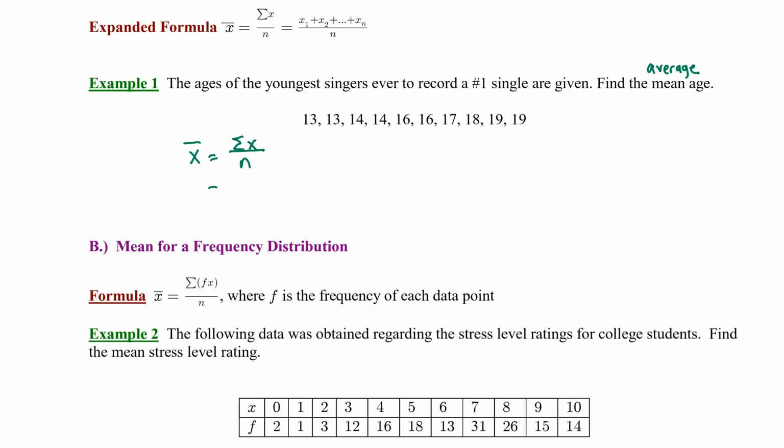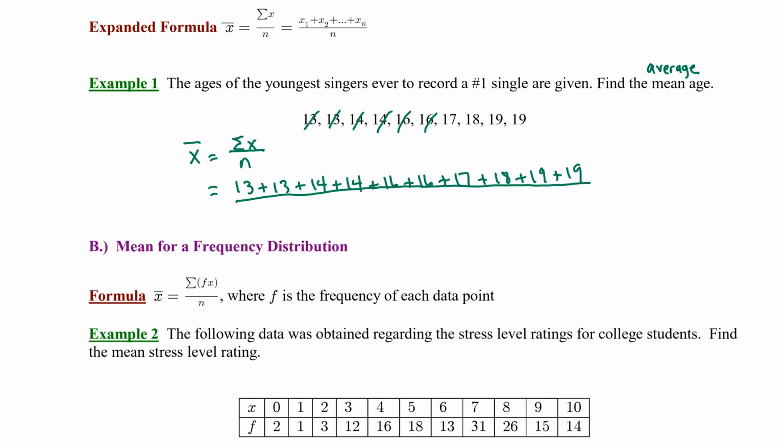So we need to add up all of our data points. So I'm just going to write them all down and add them all up. And then we're going to divide by the total number that we have. So we've got 1, 2, 3, 4, 5, 6, 7, 8, 9, 10.